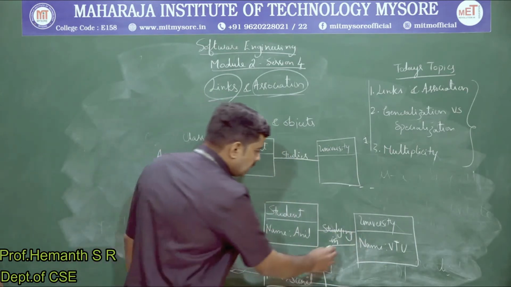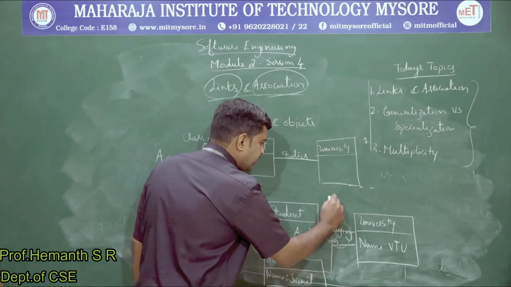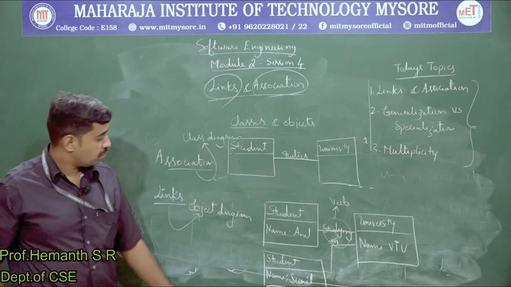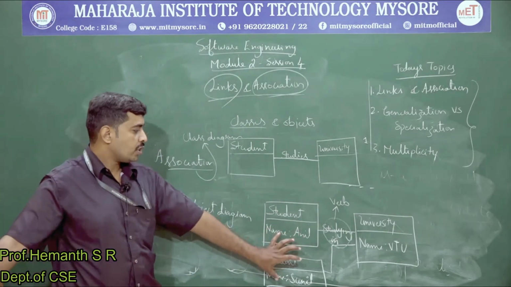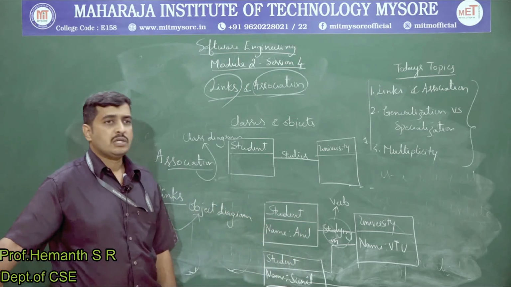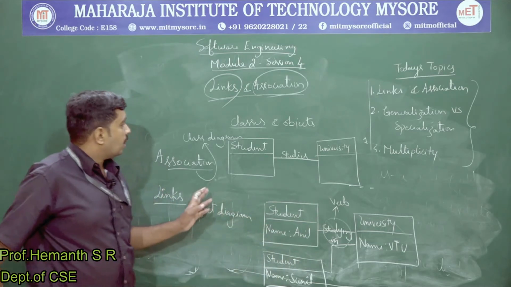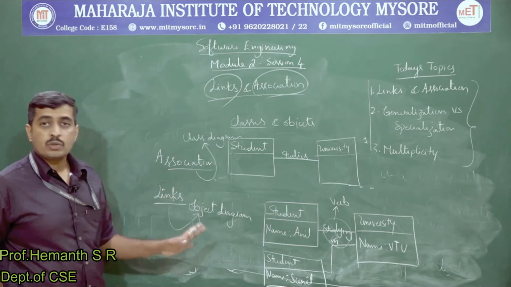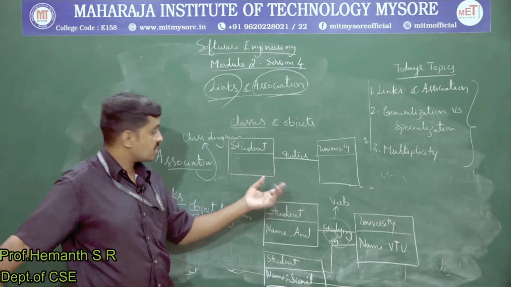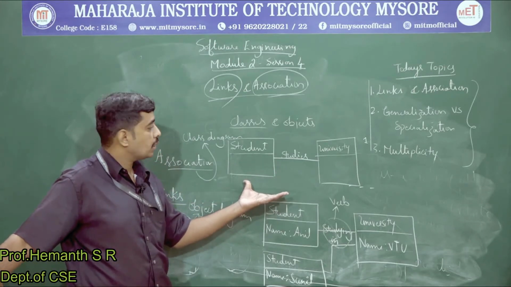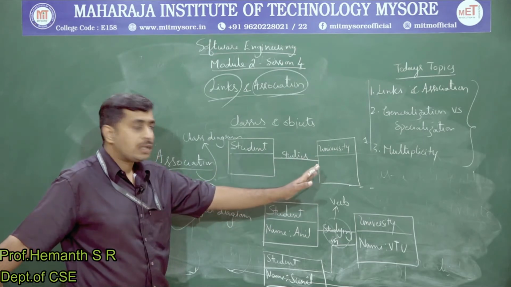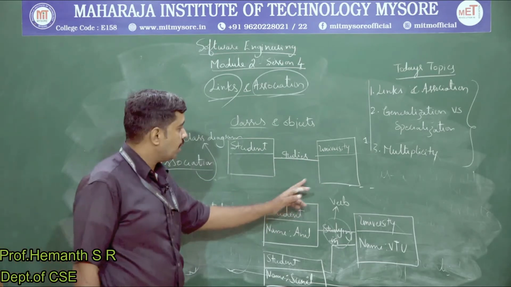Please note, this is a verb, an action verb, indicating how the student objects are related to the university object. So the bottom line here is, association is used to represent how classes are related to and communicating with one another. Write the different classes and how exactly they are related.